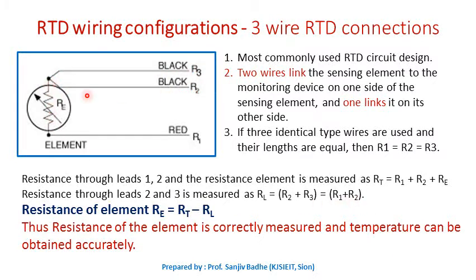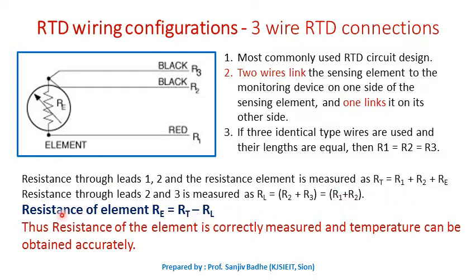And by measuring these 2 values of the resistances RT and RL, we can find out the resistance of this sensing element, that is Re, which is equal to RT minus RL. RT minus RL is nothing but RT minus R1 plus R2. So, this R1 plus R2 will get cancelled with R1 plus R2, and what will be left is Re.